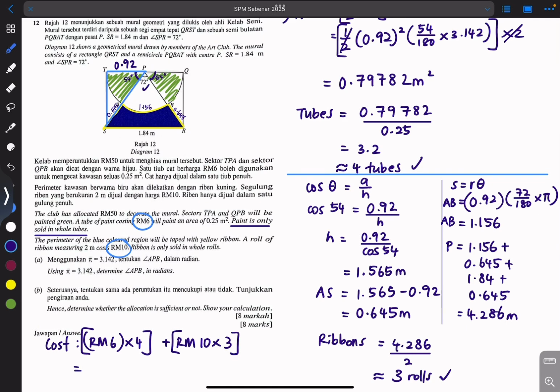This is 24 plus 30, we get 54. So is the allocation of 50 ringgit enough? Not enough. So we can say insufficient.